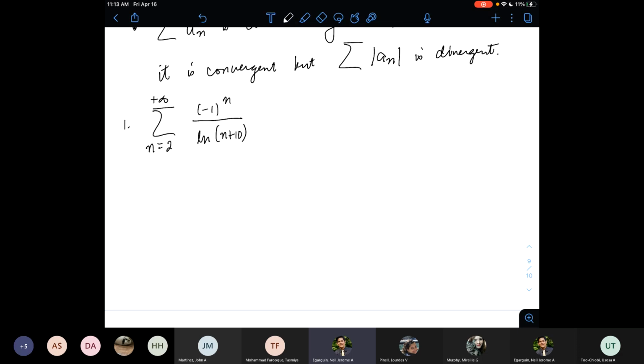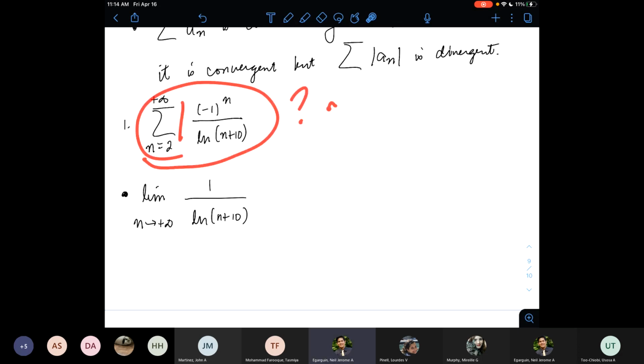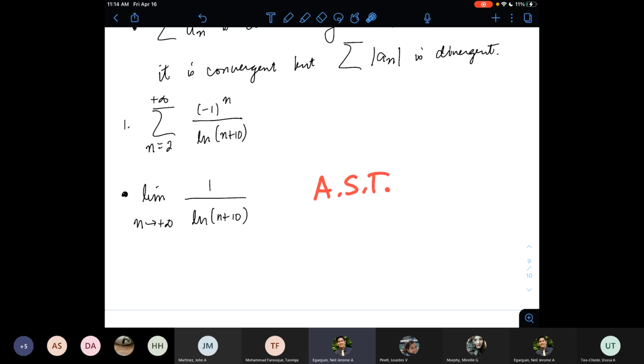I'll try to take the limit of 1 over ln(n + 10) as n approaches infinity. Why do I say that this is a true two-pronged solution? Because this is the setup for the alternating series test, which will tell me if this series is convergent. Take the limit of the positive factor as n approaches infinity.